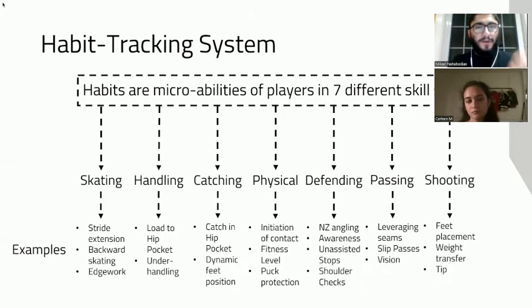After each building our list, we came back together, sat at the discussion table, and merged all of these lists together to agree on approximately 30 habits which we were going to focus on in this project. At the bottom of the slide, you can see some examples of the habits that we ended up agreeing on. If you want a comprehensive list of habits with the definitions, I invite you to either read our paper or reach out to us.